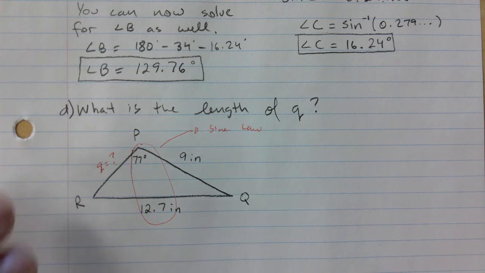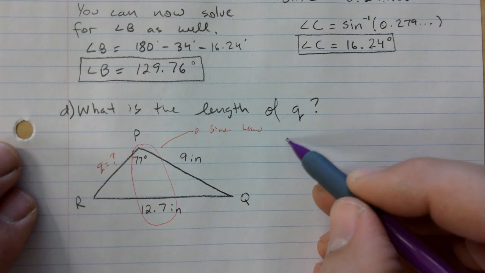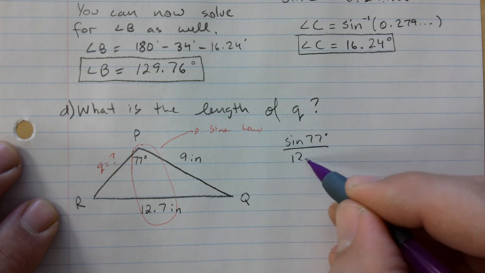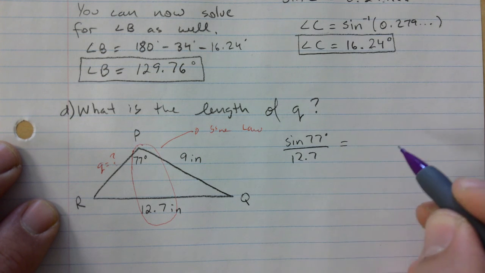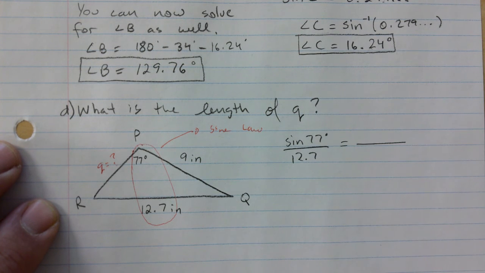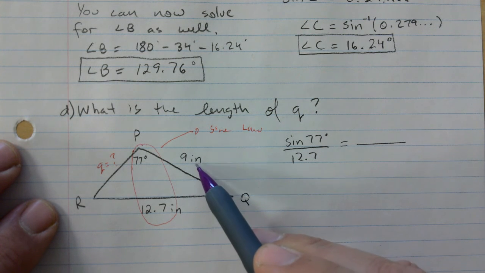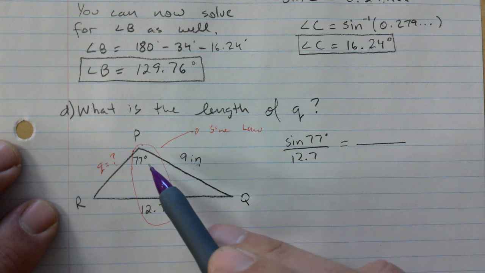And basically what you're going to ask yourself, what can I find? Is there something that I can find? Well, I'm going to start with my pair, right? Because that's a given. You're going to have to start with that. And on the other side, you look at what else is given to me. I have this side here, right? The side length is given. This is an SSA, by the way.